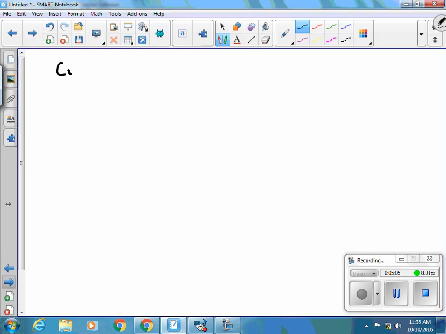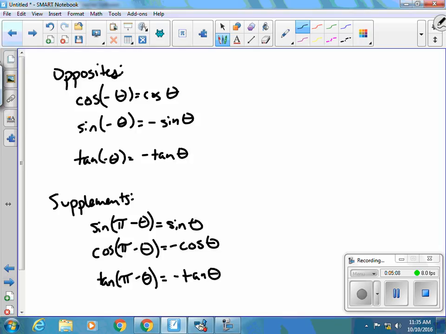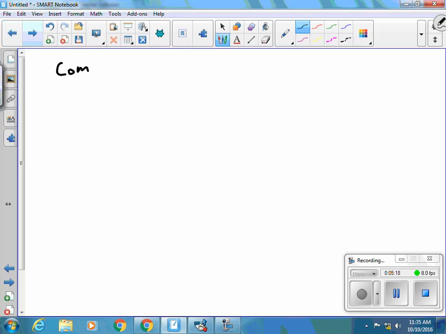Complements. Oh, going back here. Supplements. If you think back on geometry, we know that a supplementary angle had to add up to 180. So it's the same concept of why we're using pi. When we're talking about complements here, we're looking at that 90 degrees. But if we're talking in radians, that's pi over 2.